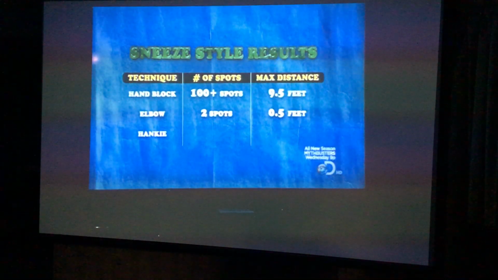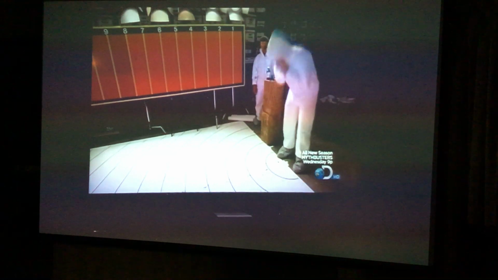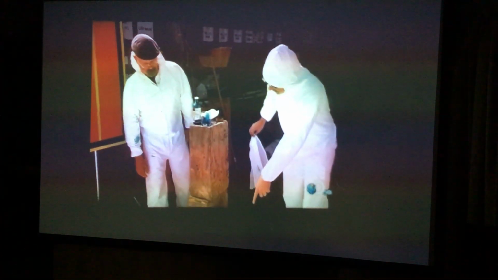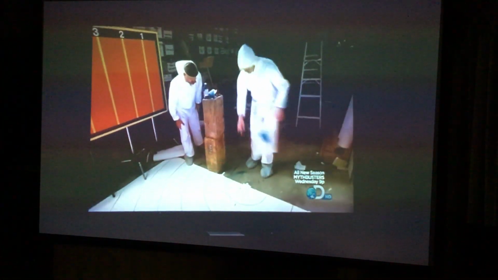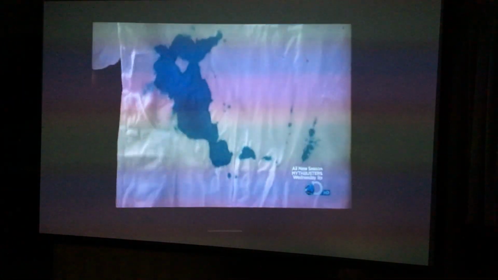Well, it's back to Adam, and for this final test, he's sneezing in blue. How did we do? I see a tiny dot of blue there. At first, it seems like the hanky may be victorious, until... I see some on the hanky.